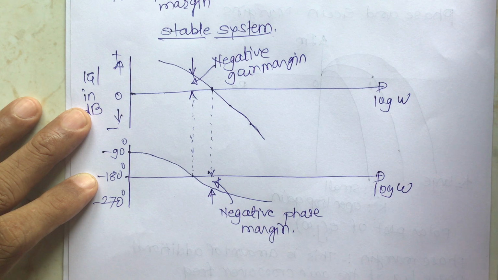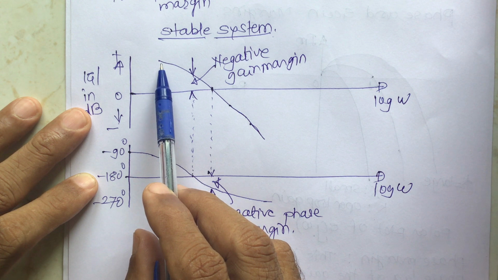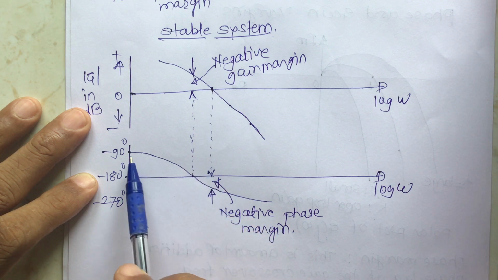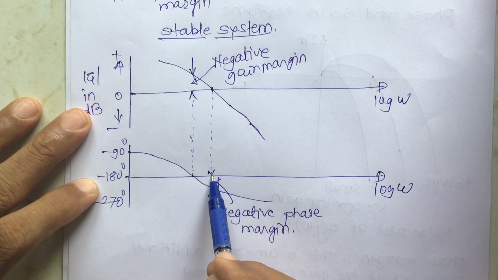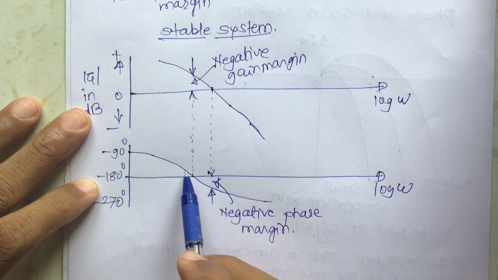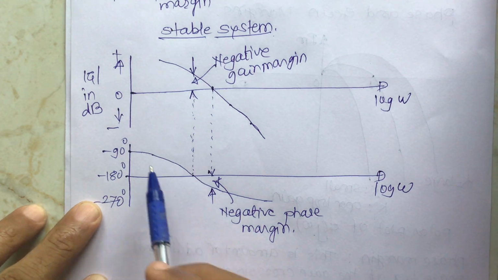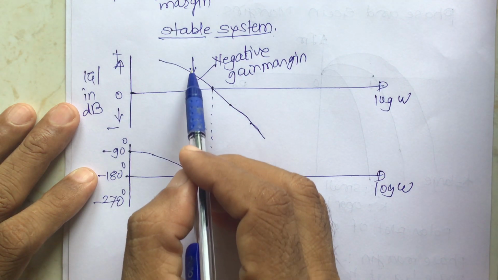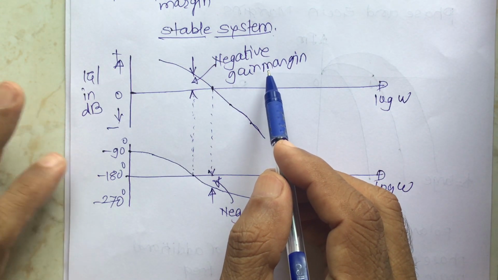Okay, so this system, as I told you, when your magnitude crosses the 0 dB line, that will be your gain crossover frequency. For this, the plot should be above the minus 180 degree line, but this is not above at this point. This is below the minus 180 degree line. That means your phase margin is negative, and from the phase crossover frequency you can see, whatever the gain, this magnitude is also having the negative sign.